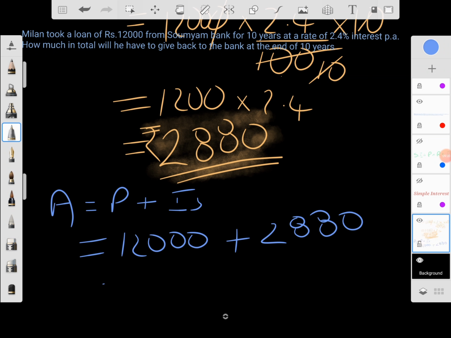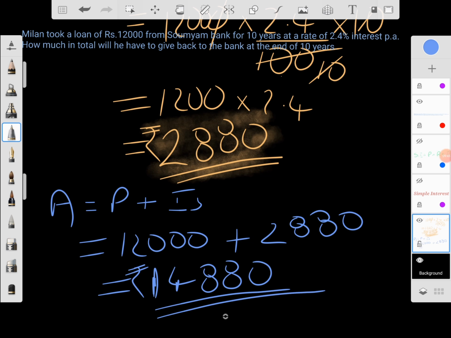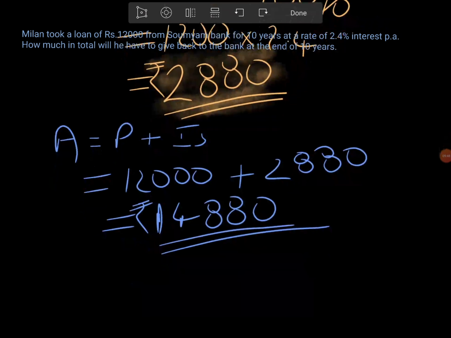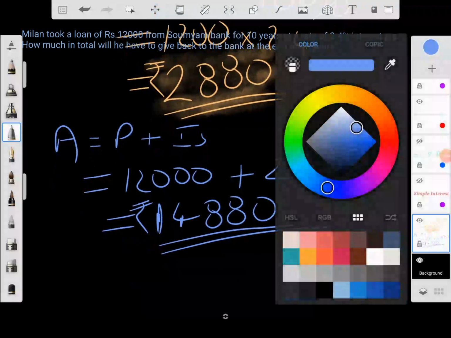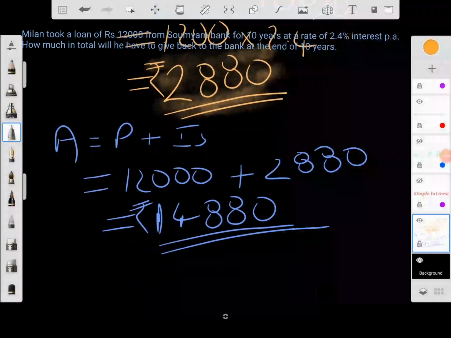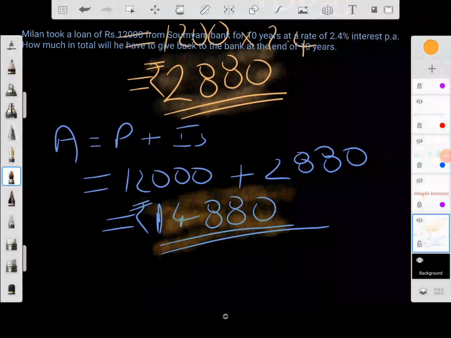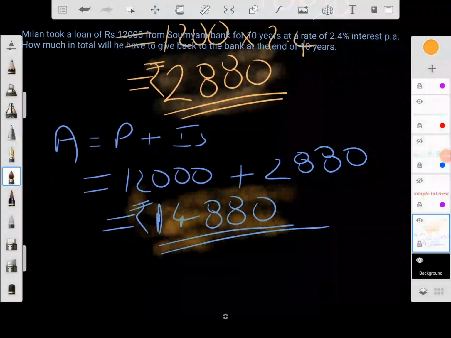Adding this up, what you get is 14,880 rupees. Let me put it a little up so you can see it. So this is the amount that he has to pay: 14,880 rupees.